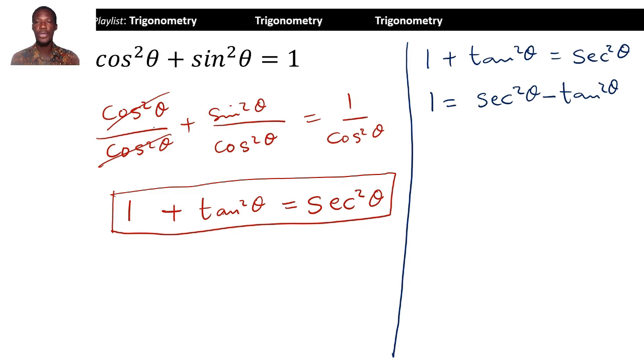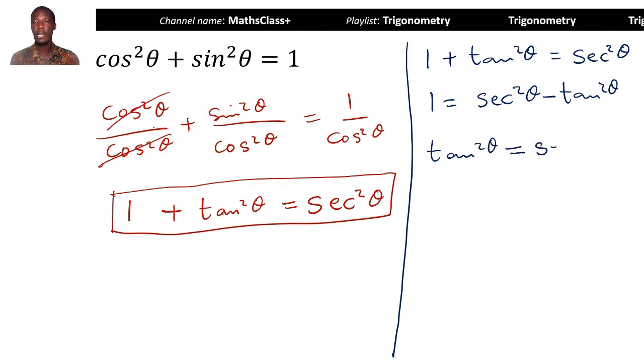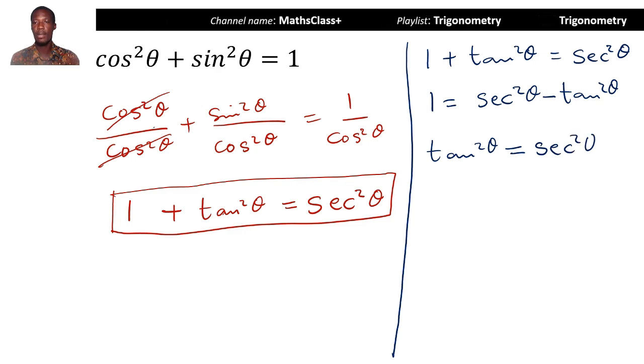And then I can also regroup and say tan squared theta is equal to sec squared theta minus 1. So it can appear in any of these three forms.